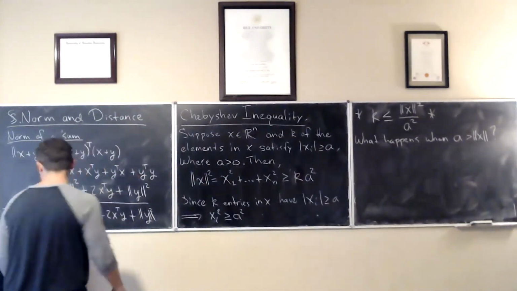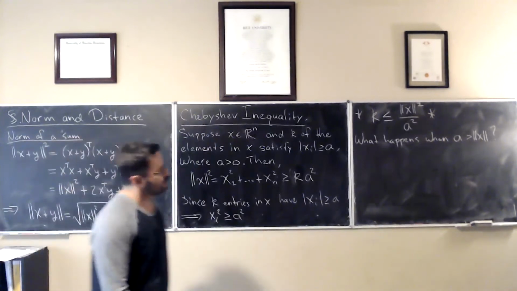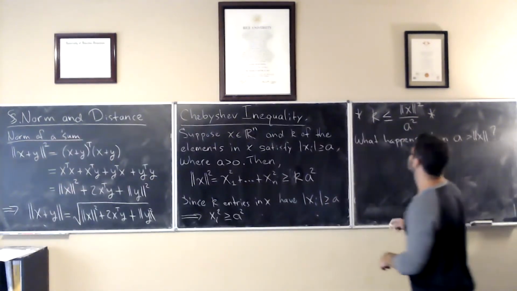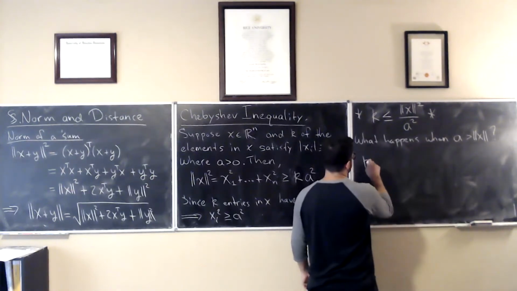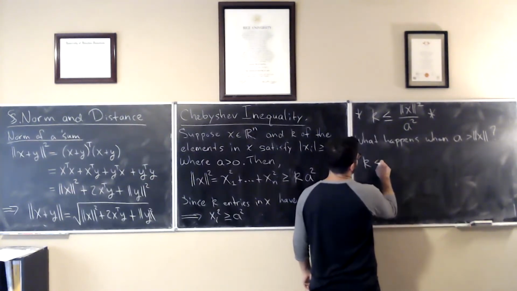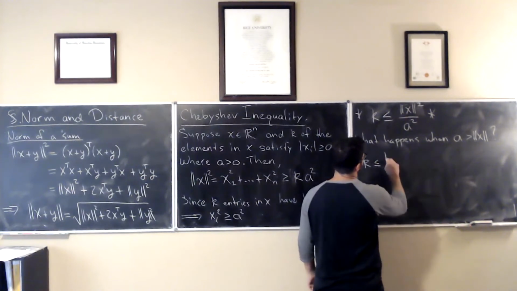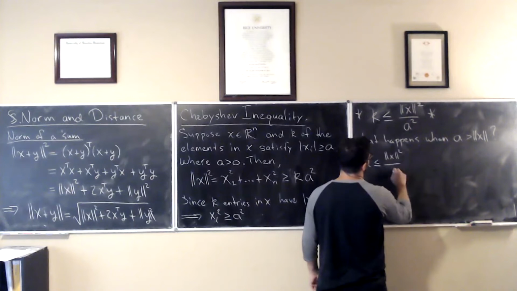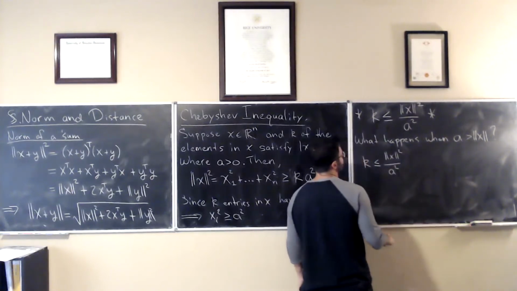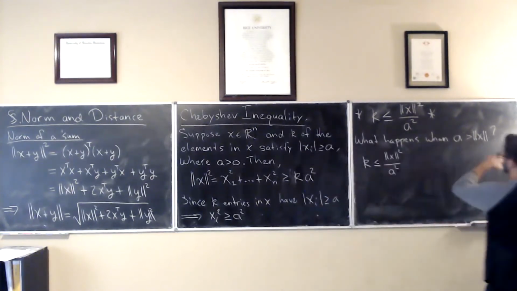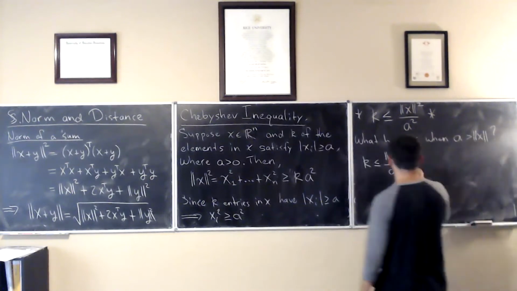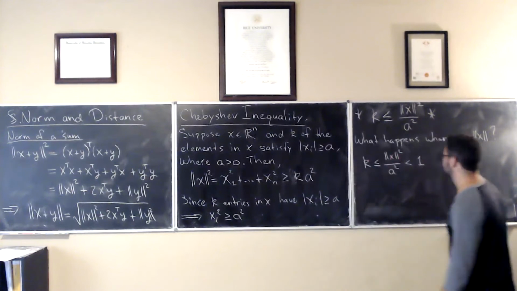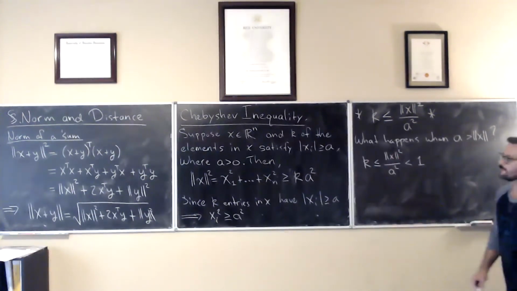When a is strictly larger than the norm, if we look up here, then, oh, wait a minute. K is less than or equal to that. But if a is strictly larger than the norm, then this is going to be less than 1, right?